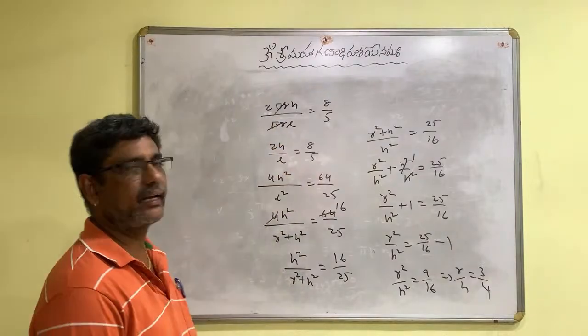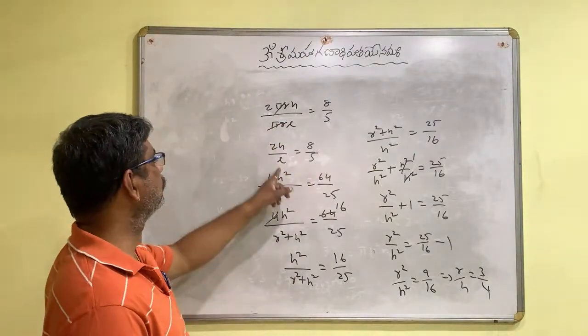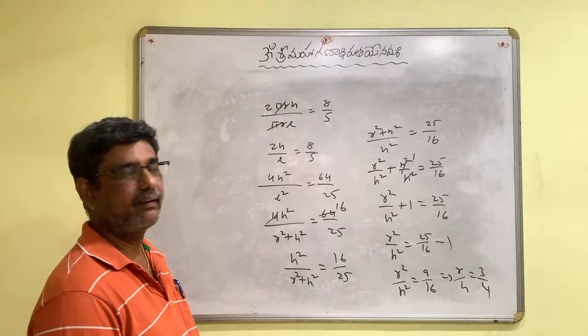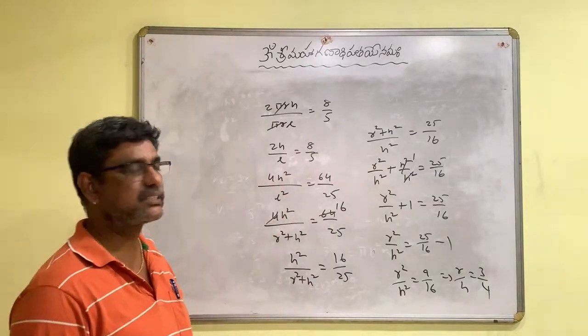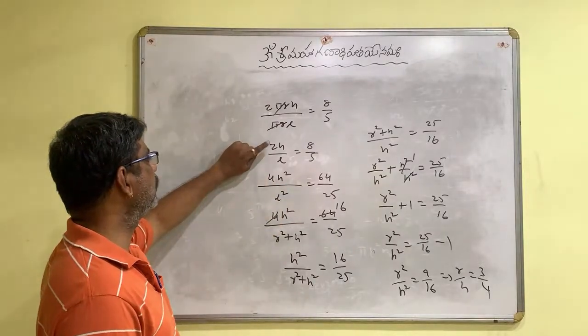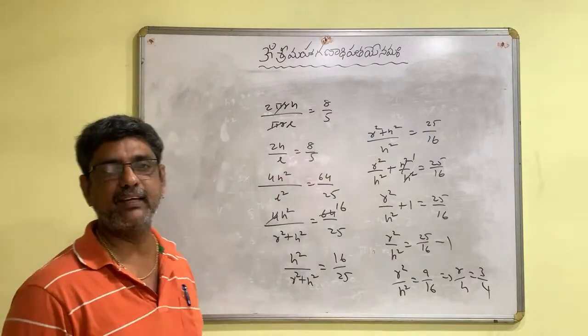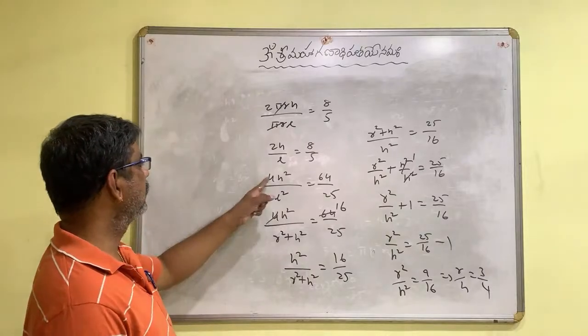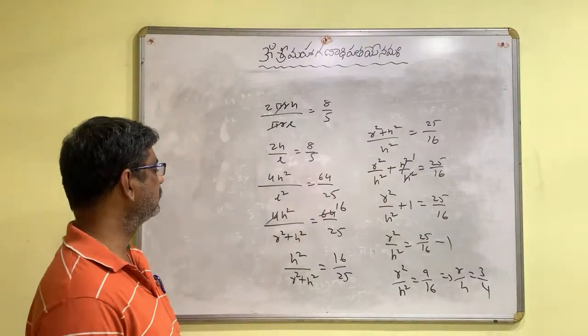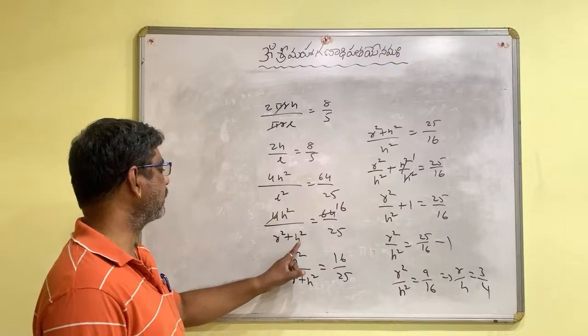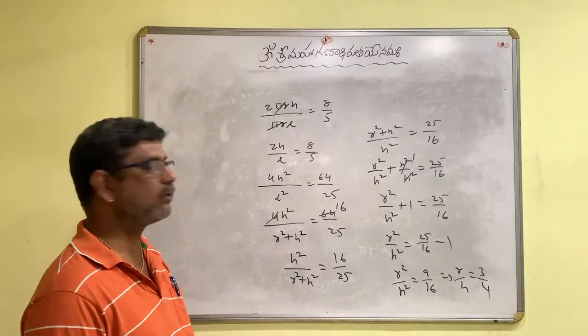Pi r gets cancelled. So 2h by l is equal to 8/5. Squaring on both sides, 2h whole square is 4h square, l square is equal to 64/25. Now 4 sixteens are 64. So h square by r square plus h square is 16/25.